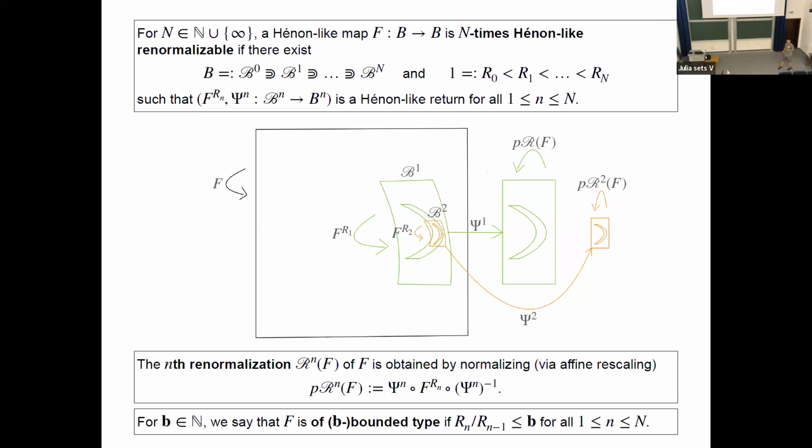So the first thing that we establish is, well, yes. Okay. So the rescaling is affine. So after you do the straightening chart, you don't do anything more nonlinear.